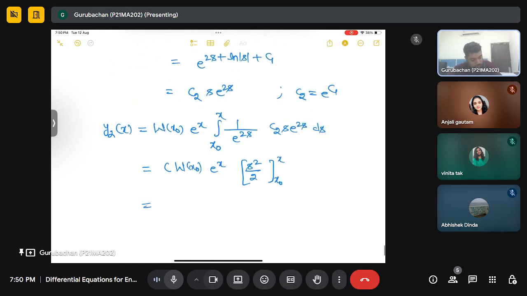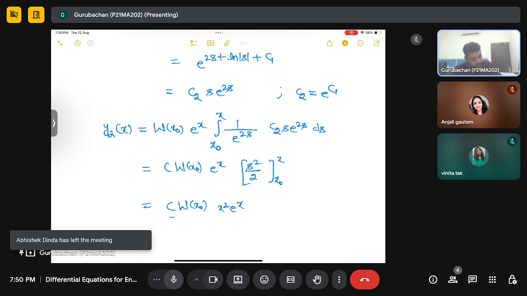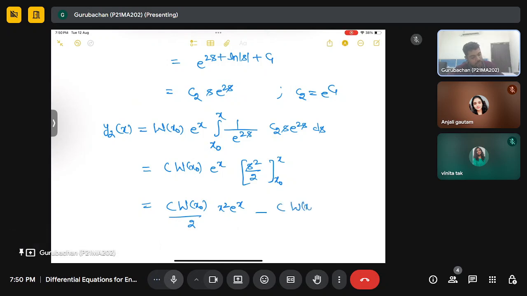So this will give you c w(x naught) x square e to the power x minus c times w(x naught) square e to the power x.